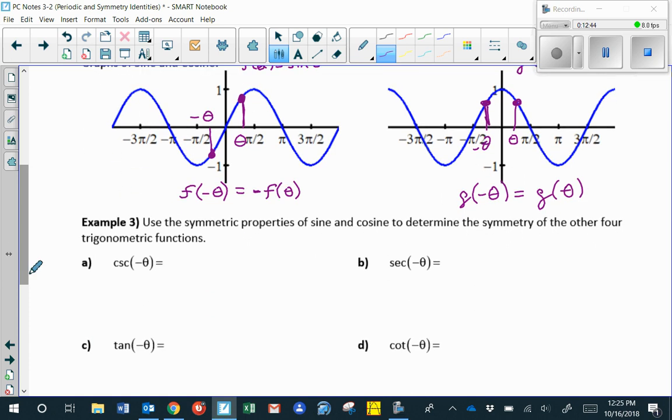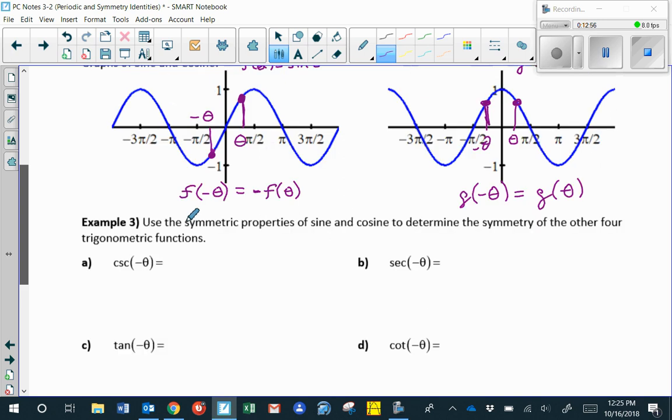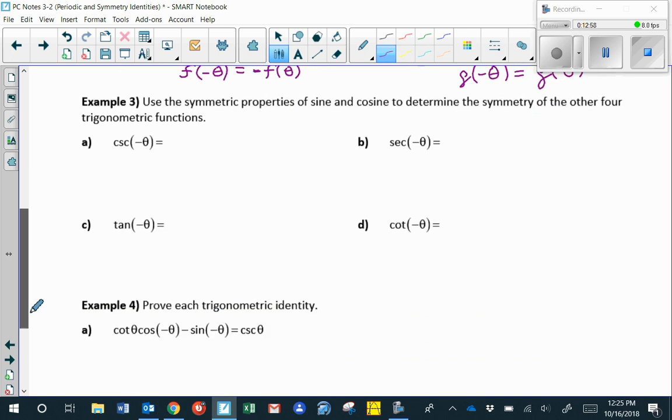We can use these two ideas about the symmetry of the sine and cosine functions in order to find out what the symmetry of all of the other 4 trig functions are. So cosecant of the opposite of theta can be re-expressed using a reciprocal identity as 1 over the sine of the opposite of theta.